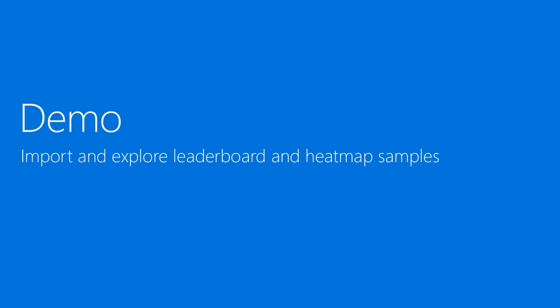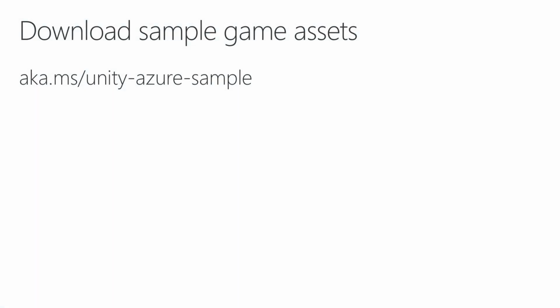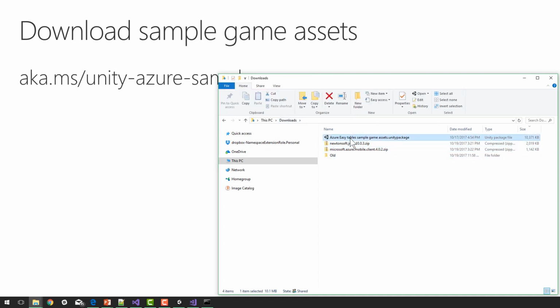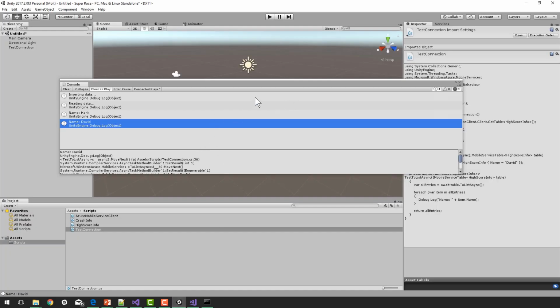So the first step here is actually going to be to download the sample game assets. So we have this link here. If you paste this into your browser, it should take you to a .unitypackage file that you can download. I have it already downloaded here, so I'm going to go into my downloads and what you're going to want to do is make sure that your Unity project is open.